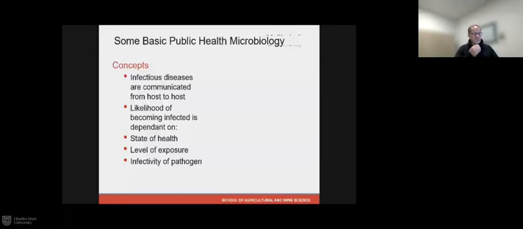Whenever we have a flu outbreak, something happening in our society, we always talk about how it's the elderly and the sick who are most susceptible. That's a reality. We have to consider that. The state of health is going to influence your susceptibility. So if you're fit and strong and young, most times you'll be less susceptible.